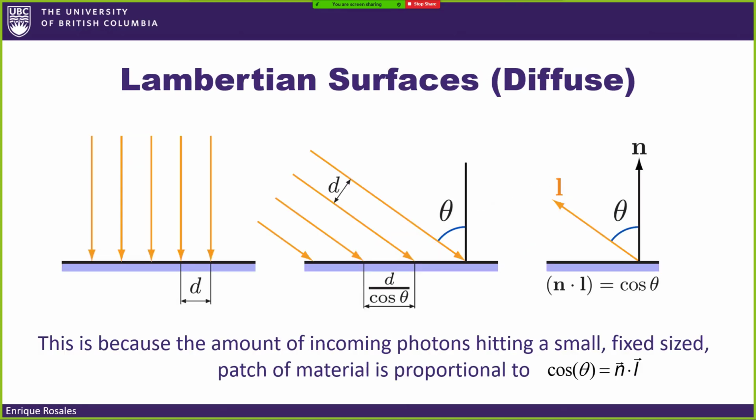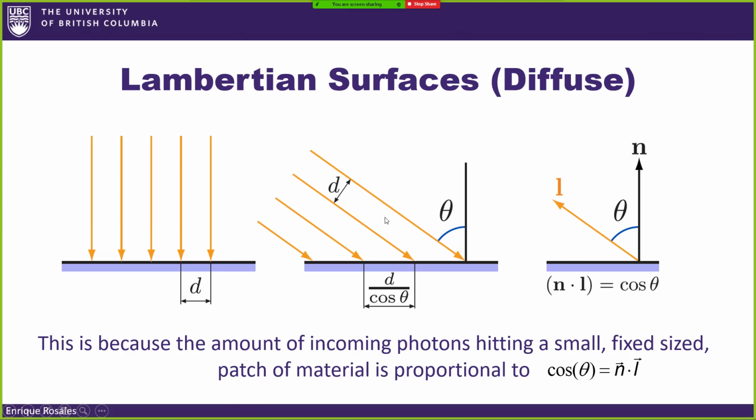Okay, so let's keep talking about Lambertian surfaces. The reason why a surface bounces more light when light is coming from above is because of how those photons are distributed on the surface, right? So for example, in this case, the same amount of photons are hitting this surface exactly opposite to the direction of the normal, and a certain amount of photons are reflected over this distance here, right?